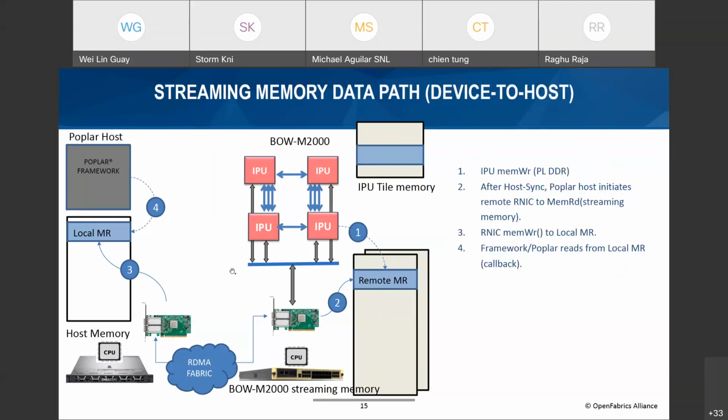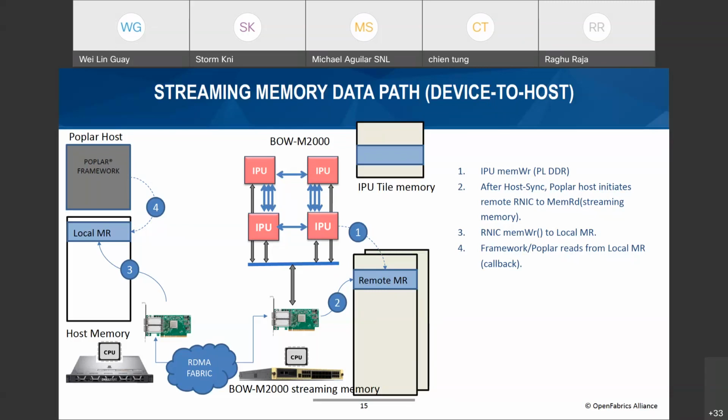Now we move on to the other direction, which is device to host. Again, it's the same process with two phases, where during compilation we create the communication buffer, which is eventually memory regions from the IPUoF perspective. When that's done, the flow is that the IPU writes the data into the remote MR, and then increments or decrements the atomic counters, and that will be notified to the host.